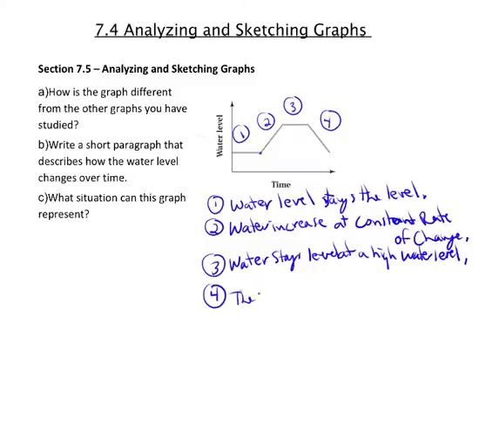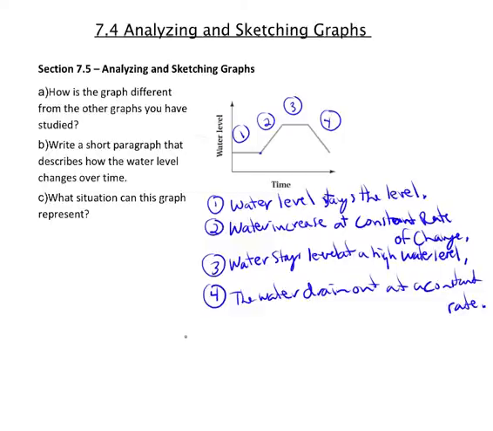So the water drains out at a constant rate. That's our paragraph. I like the bullet point parts for these, but you could write it as a full paragraph if you wanted to.